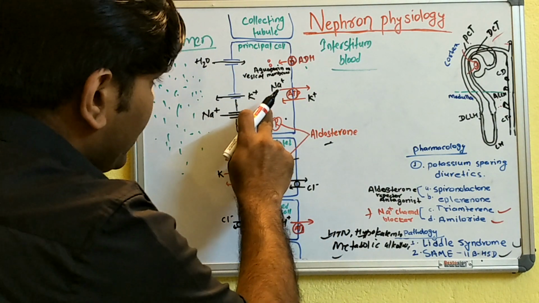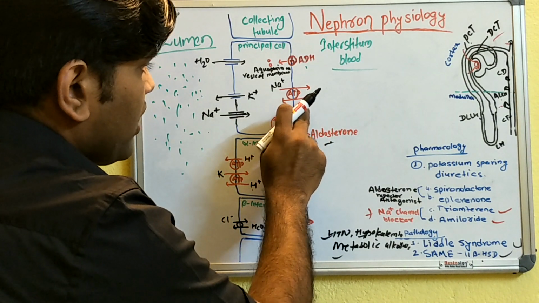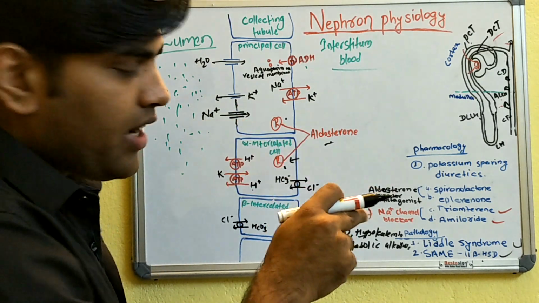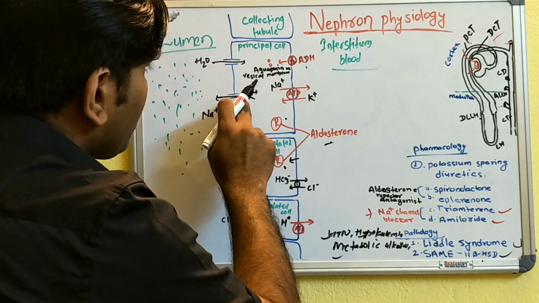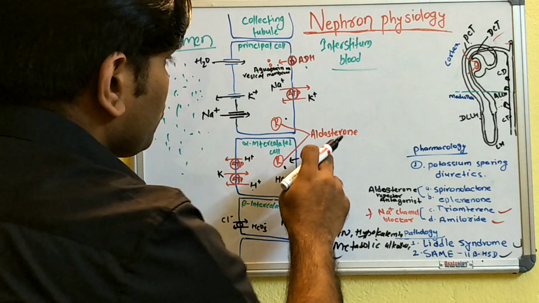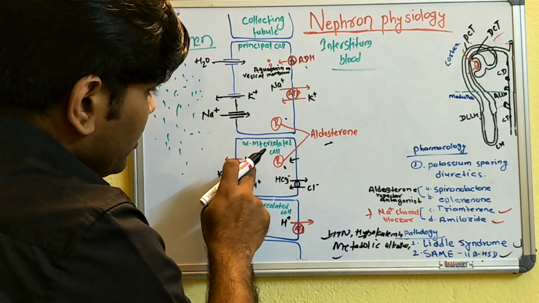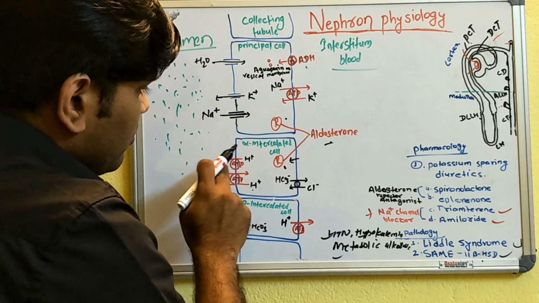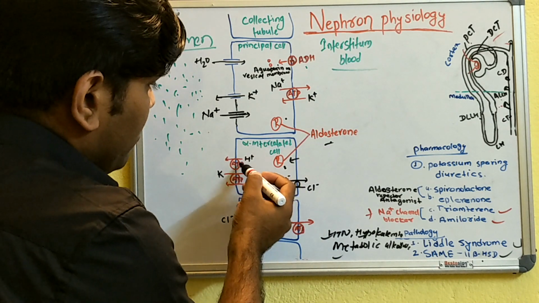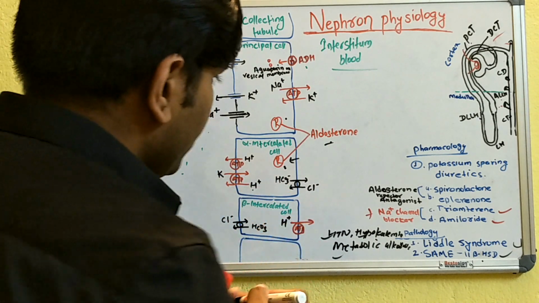Since sodium is then lacking in the cell, aldosterone also increases the activity of the epithelial sodium channel ENaC. It also increases the permeability of the apical potassium channels. Another function is that it increases hydrogen secretion into the lumen, into the urine, by the ATPase pump in the alpha intercalated cell. So aldosterone has many functions.